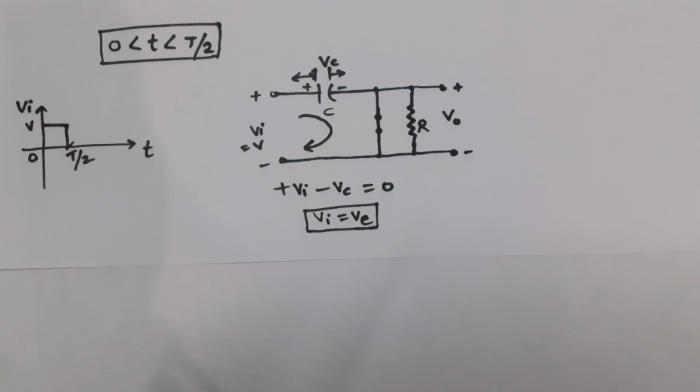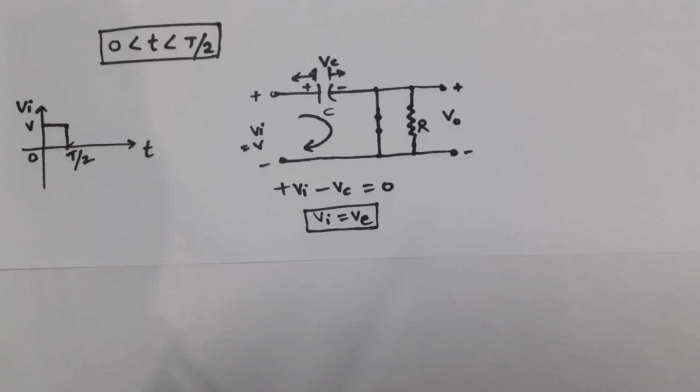We have plus Vi minus Vc, where Vc is the voltage across the capacitor, not a drop actually, it is the voltage that has charged the capacitor. So we have Vi minus Vc equal to 0. So Vi equal to Vc, which is equal to V, the input supply we have provided.